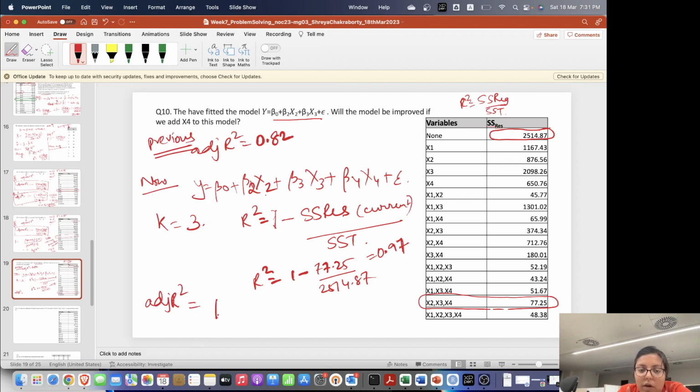Now this one is 1 minus (1 minus R square) into (n minus 1) divided by (n minus k minus 1). Oh sorry, into n minus 1, divided by n minus k minus 1.